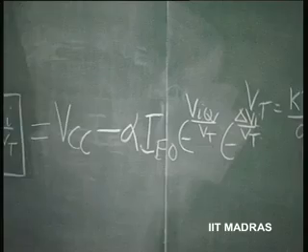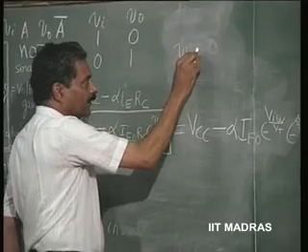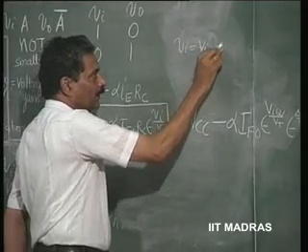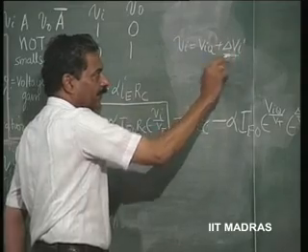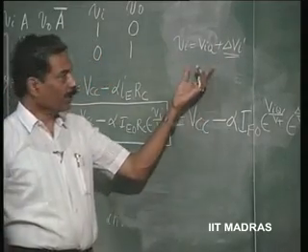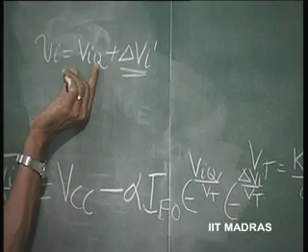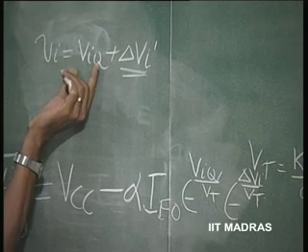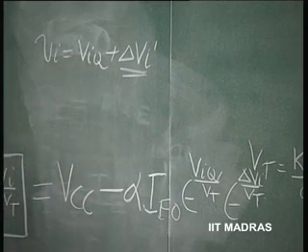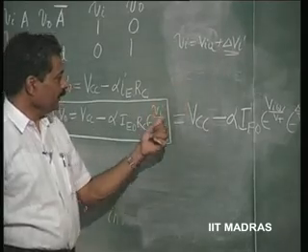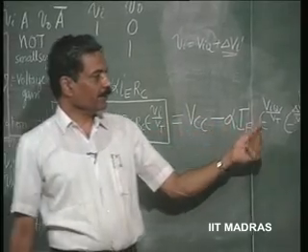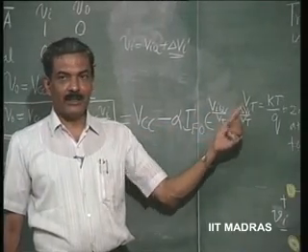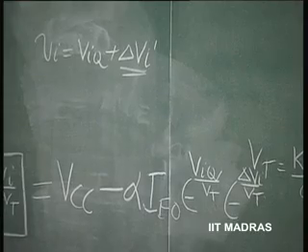So, VI is given as VIQ plus delta VI. We just say the varying signal is superimposed over a quiescent voltage of VIQ. Then we can put VI as VIQ plus delta VI here and split this as exponent VIQ by VT into exponent delta VI by VT into RC.